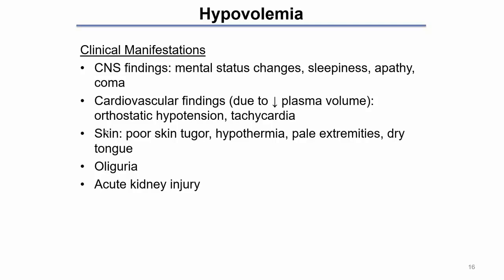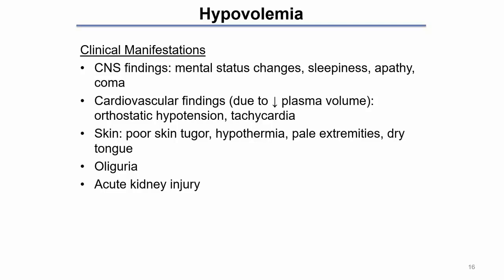Essentially, everything's concentrated down. So now what's going to happen is that fluid is going to move from the ICF, from the cells, into the ECF in order to equilibrate the osmolarity. In either case, the neurons will shrink, and that results in these classical central nervous system findings of altered mental status and eventually coma, if not rectified.